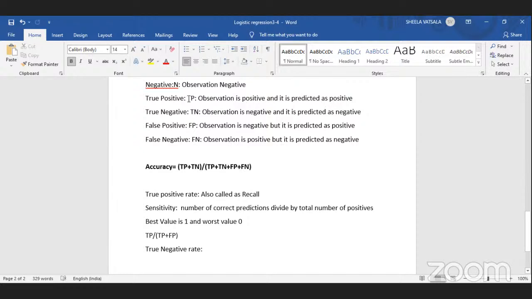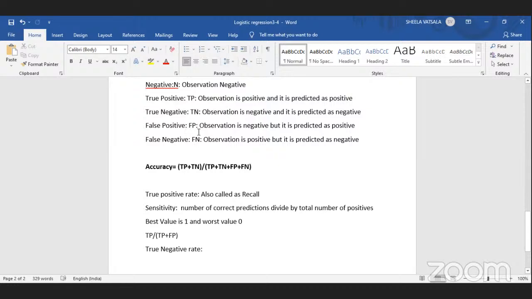That is very important for our model: when there is a value 1 and our model has detected it as value 1, it's a good point. True negative means the observation is negative and it is predicted as negative, which is the right thing for our model to do. True positive and true negative are very important.